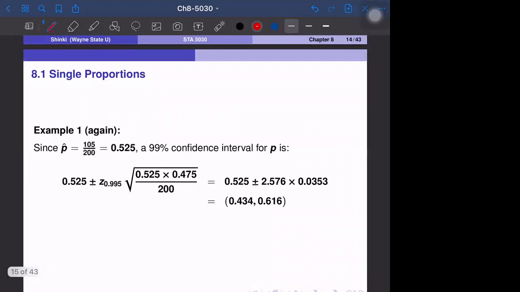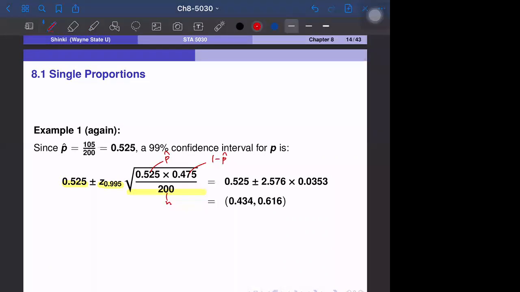And from the previous example, how do we calculate the 99% confidence interval, for example? That is p hat plus or minus z sub 0.995 times the square root of p hat times 1 minus p hat divided by the sample size.